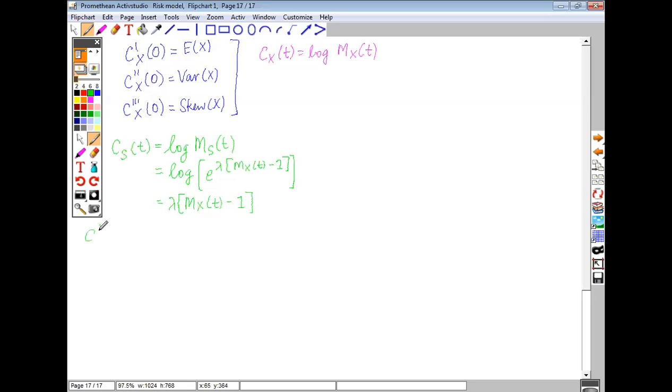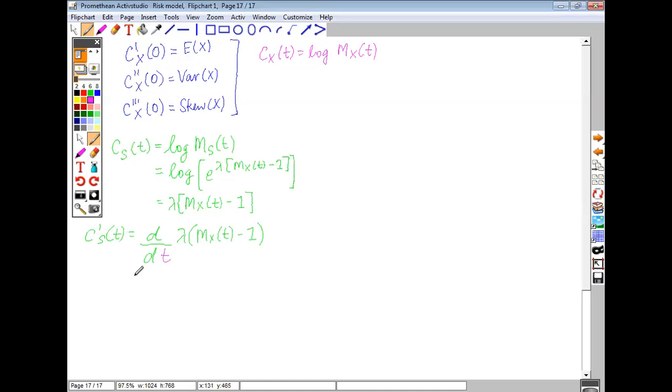Let me just differentiate it once. If I differentiate it once, I'll have d upon dt. What should I be differentiating this with respect to? T, right? So this will just be t here.